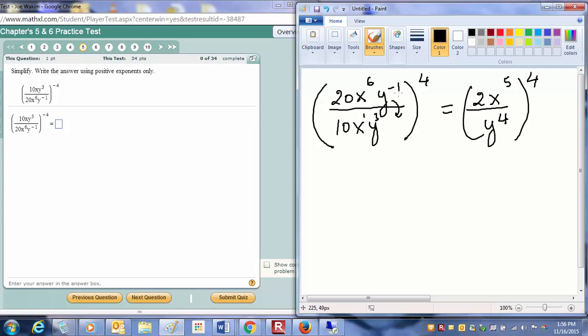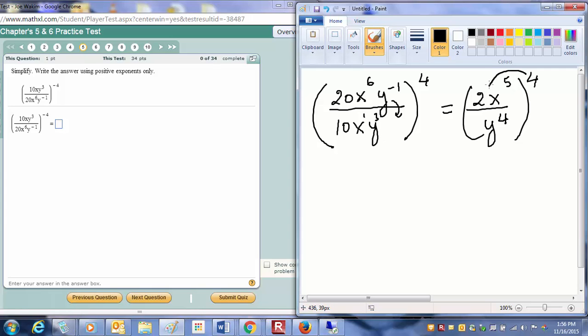Rather than doing minus 1, minus 3, we get a negative 4, and then move it to the denominator to make it plus 4. I move the y to the minus 1 to the denominator, it becomes y to the plus 1. And then when you multiply, you add 3 plus 1, and that's how I get the y to the power 4. So 20 over 10 is 2, x to the power 6 over x is x to the power 5. And then I move this to the denominator to become y to the power 4.